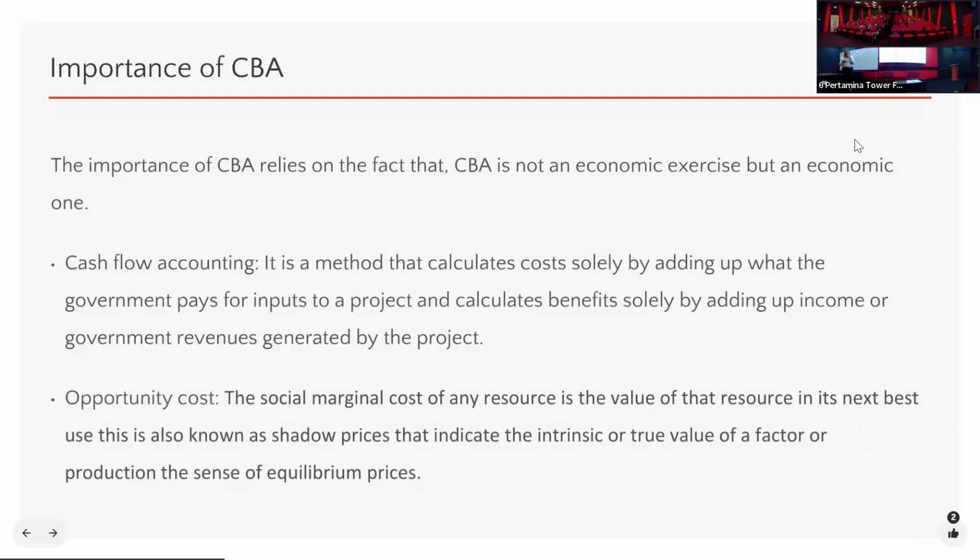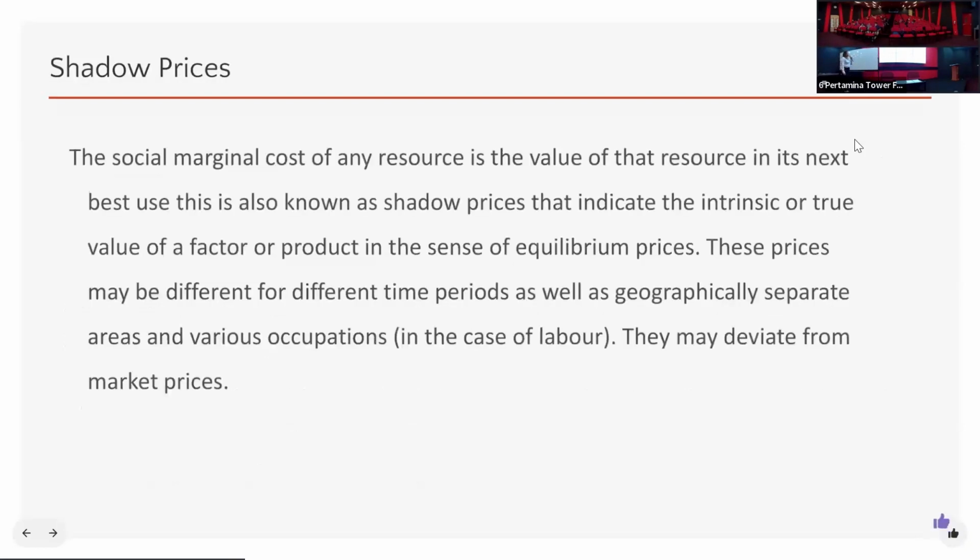Okay, so you can see that these prices do not match equilibrium. Okay, so I'm going to show you how they don't match. So the social marginal cost of any resource is the value of that resource in the next best use. It's also known as the shadow prices, and it indicates the intrinsic true value of a factor of production in the sense of equilibrium prices.